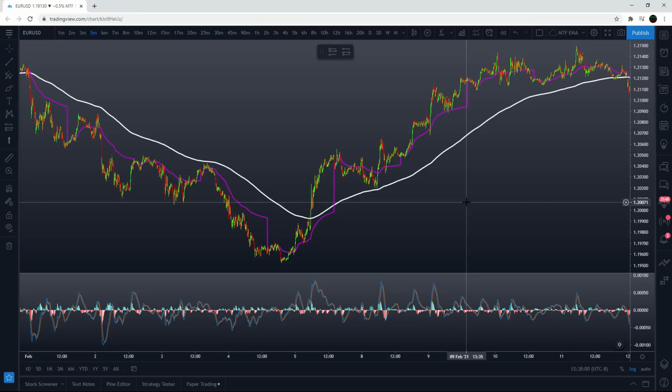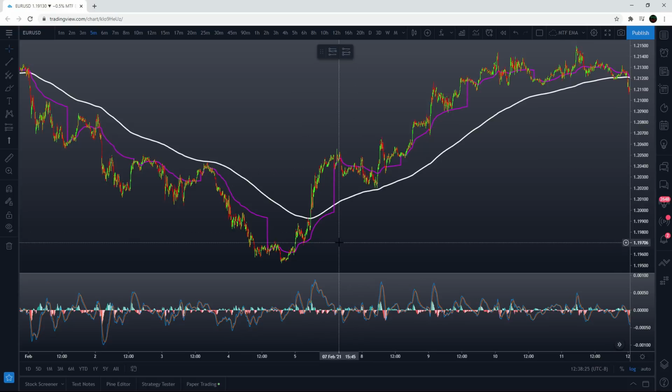If anyone has been watching my channel for a while, they know that my style of trading is identifying a trend and then waiting for a pullback and entering in the trend direction at a good point of value. So what the VWAP does for us here is we wait for a trend and then we only enter positions once price has pulled back to above or below the VWAP.